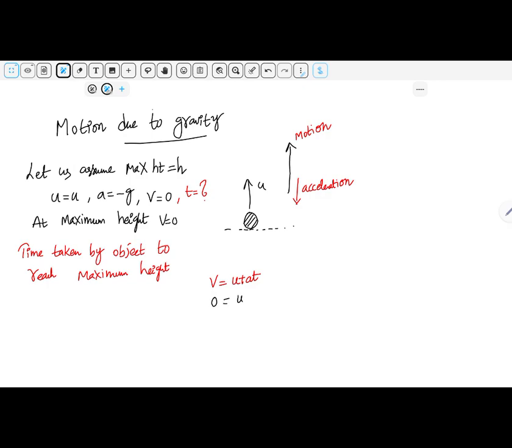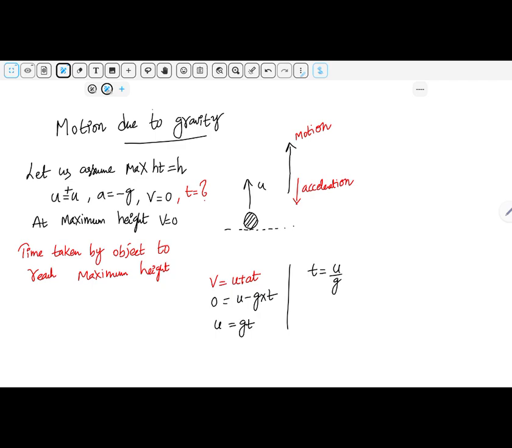Here I am taking plus u, because the initial velocity is in vertically upward direction. And minus, because a is minus g, that's why I am substituting minus g into t. Therefore it gives us u is equal to gt. Dividing by g on both sides, you will get t is equal to u by g.